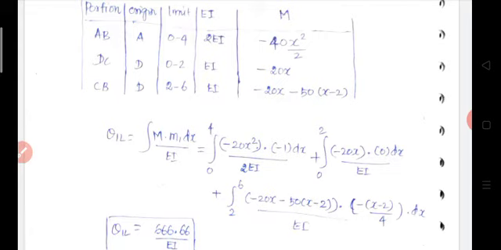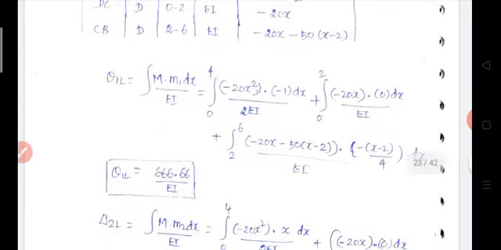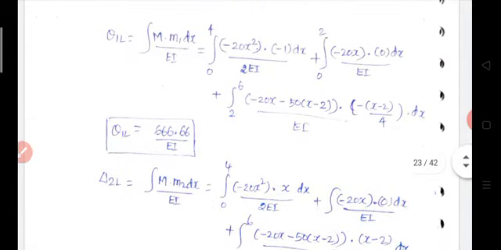Then for CB portion, limit varies between 2 to 6, capital M is equal to minus 20 x minus 50 into x minus 2, then m1 is equal to minus x minus 2 divided by 4. After integrating this equation, finally the slope is equal to 666.66 divided by EI.